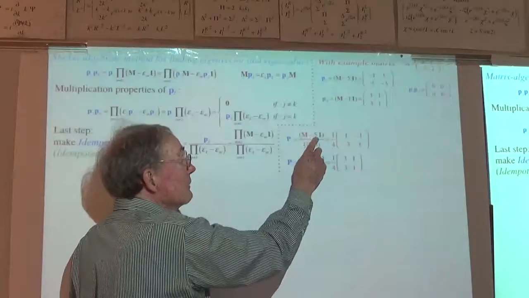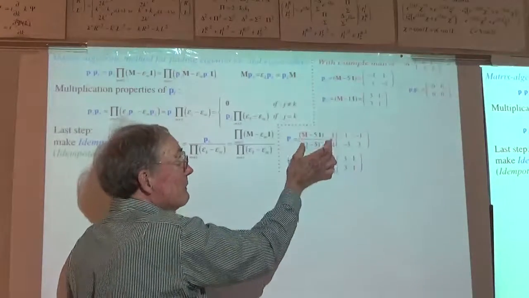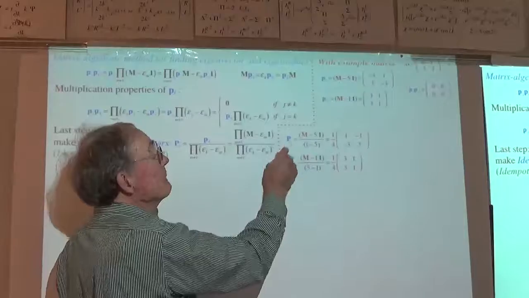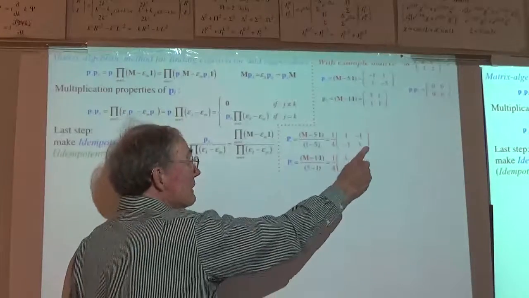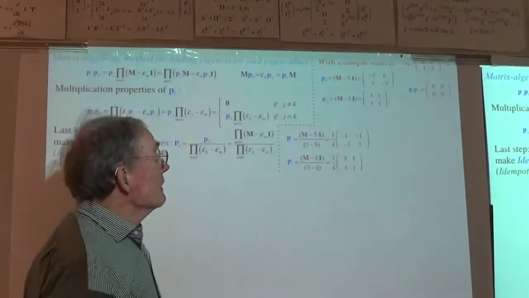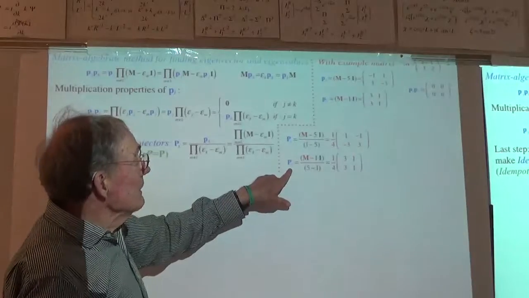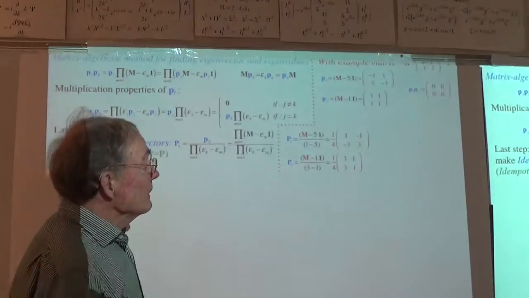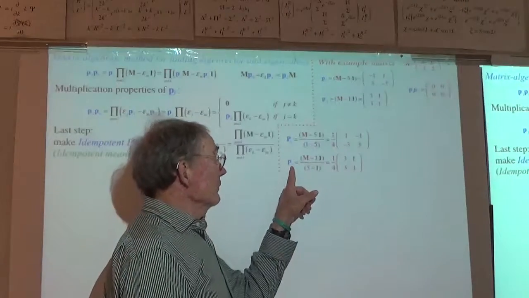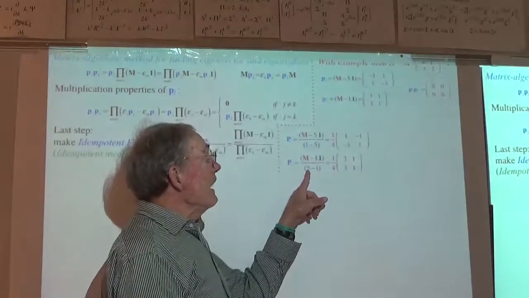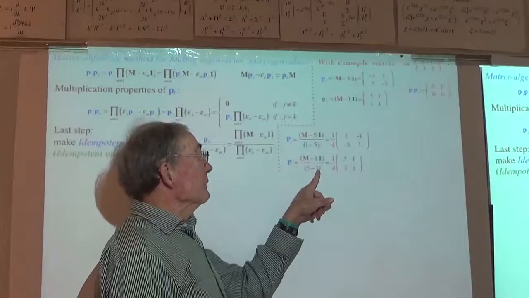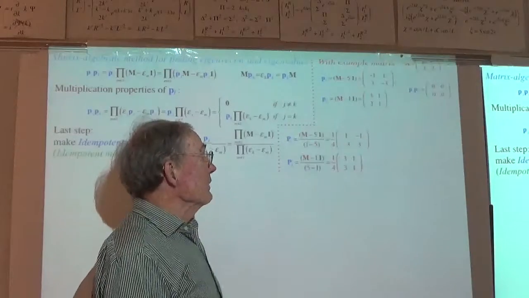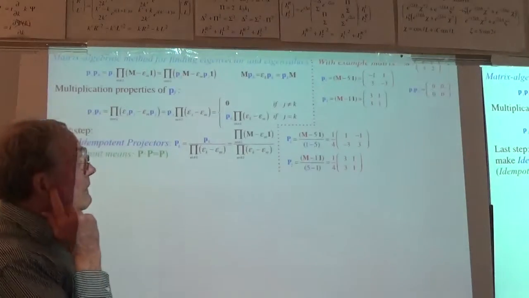So this is m minus 5 times 1, which we had before as a little p. This is the big P that's normalized correctly, so this becomes idempotent. And the next one is the same deal. This one goes to the second eigenvalue, which happens to be 5, and then I subtract the other one instead of vice versa.